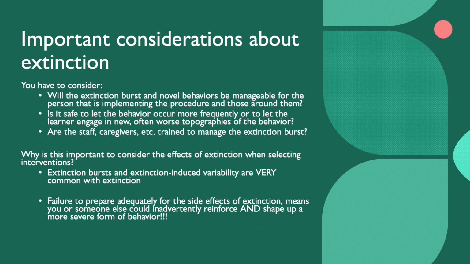And if they can't tolerate hearing their child scream or cry for whatever reason, then extinction would be a procedure that they're not likely to implement well. And if they're not likely to implement it well, then you definitely don't want to be running an extinction procedure, because like I mentioned, the risk of the behaviors getting worse is very high.